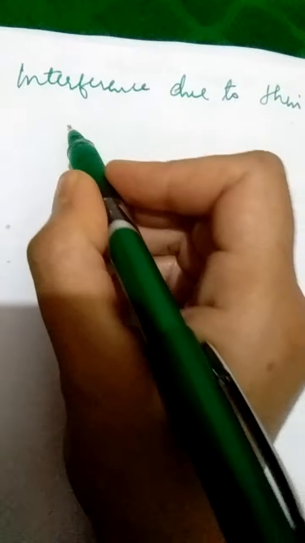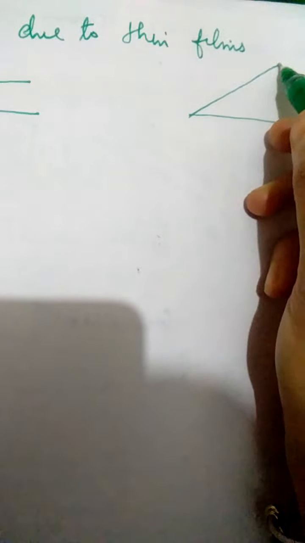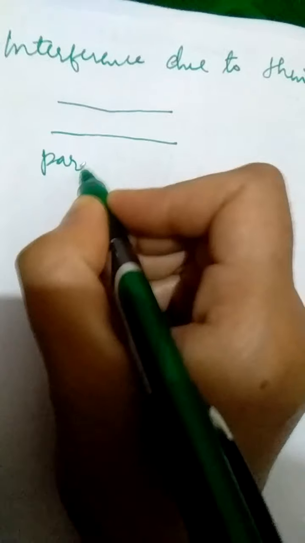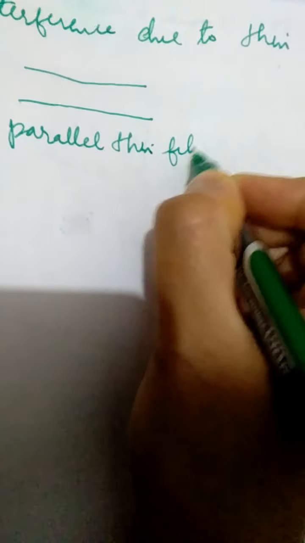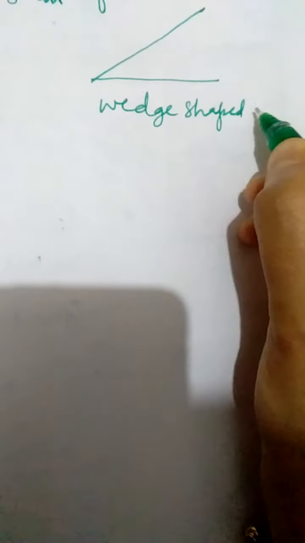One is that a film can be of a constant thickness, and a film can be of a non-uniform thickness. So these were called the parallel thin films, and these were called the wedge-shaped thin films.